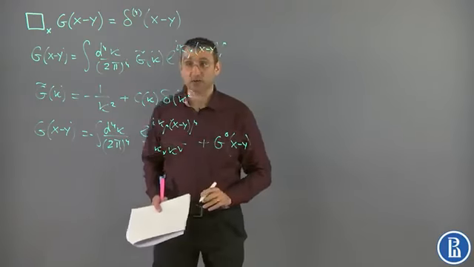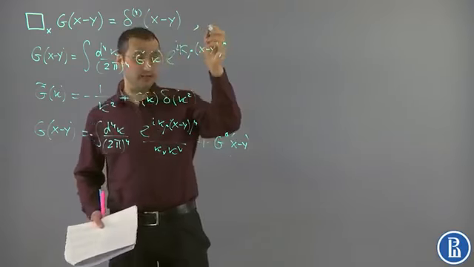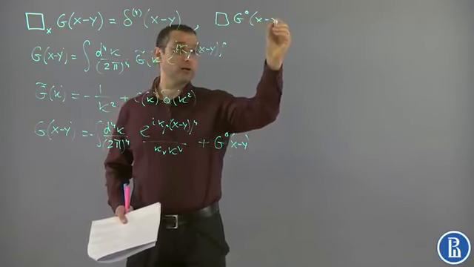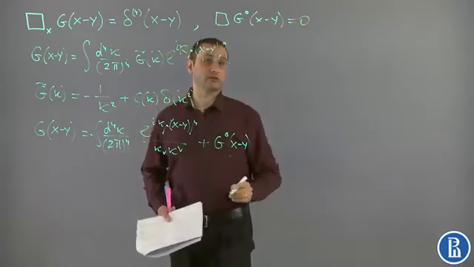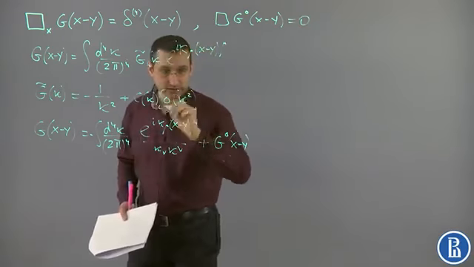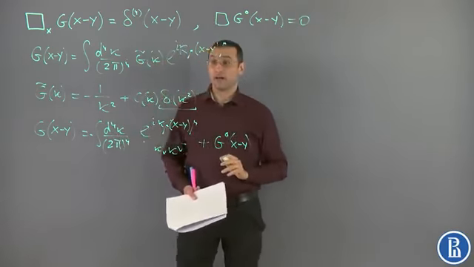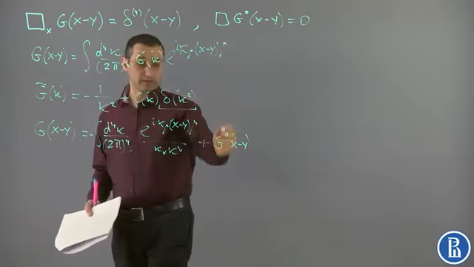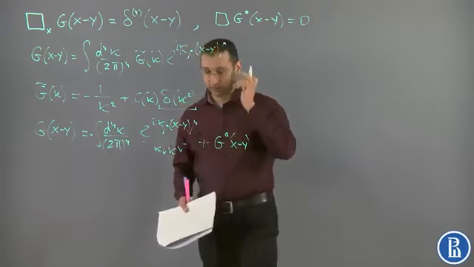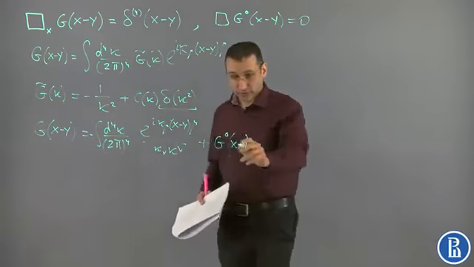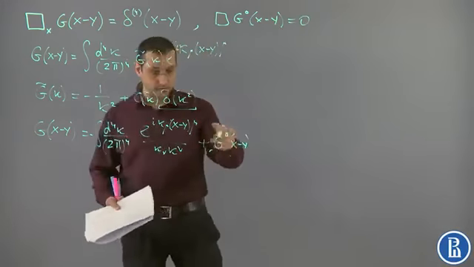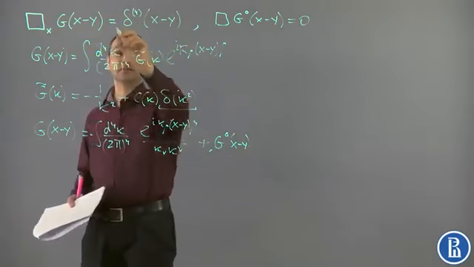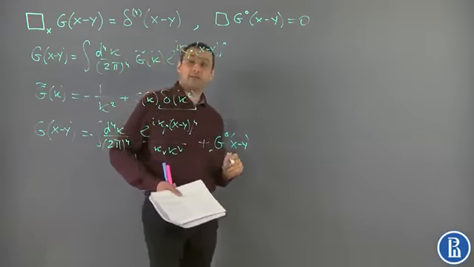It is not hard to check, which is a good exercise, that this G0 of (x minus y) solves the homogeneous equation, exactly due to the presence of this quantity. But the solution of this equation is always defined up to the addition of this thing.